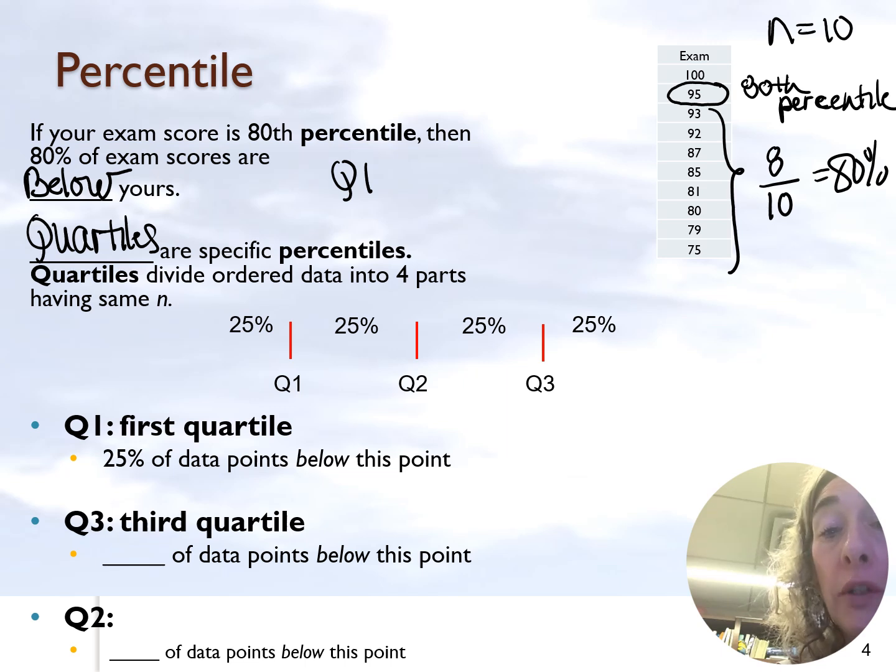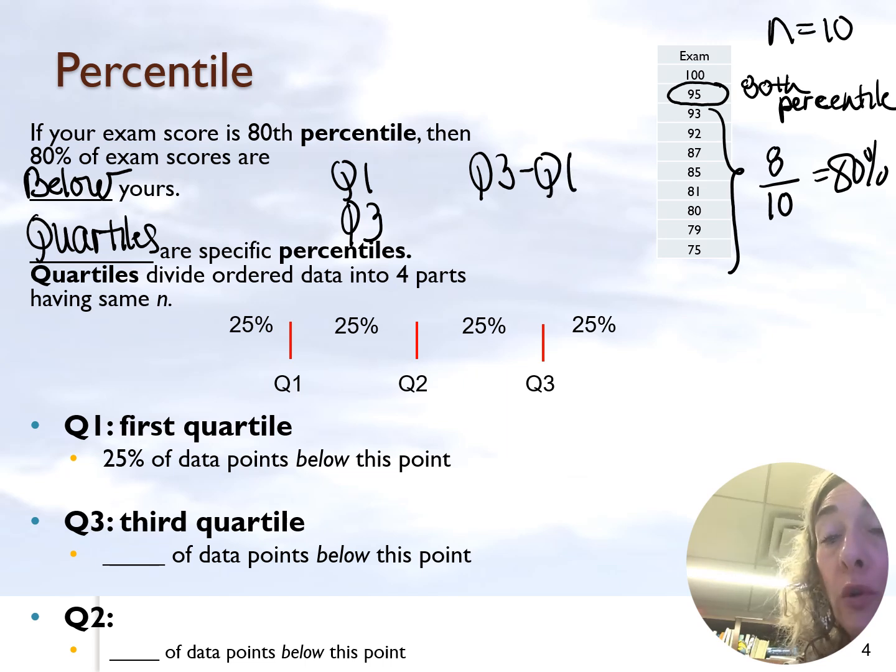Q1 is the first quartile, Q3 is the third quartile, and when we subtracted Q1 from Q3, we got the interquartile range, which represented the spread of the middle 50% of the data. But quartiles are special types of percentiles in that they divide your ordered data set into 4 parts, each having the same sample size.